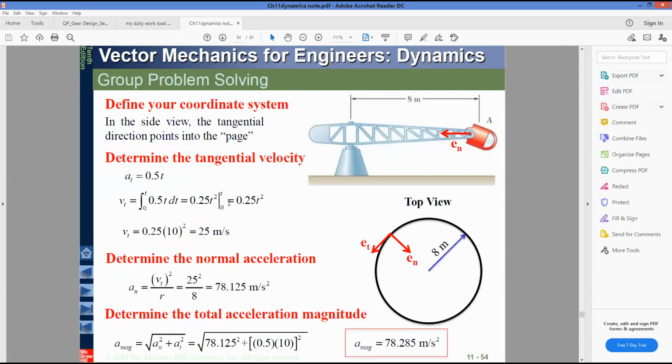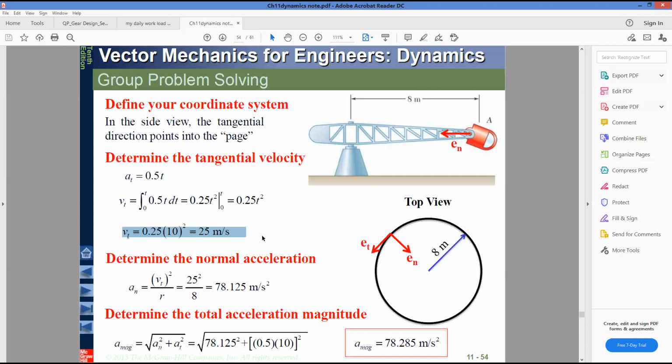So from 0 to t, the integral of 0.5t dt gives 0.5t squared by 2, which is 0.25t squared, and with t equal to 10, 10 squared, we finally get 25 meters per second. So it means when the centrifuge starts its rotation, after 10 seconds the tangential velocity is 25 meters per second.